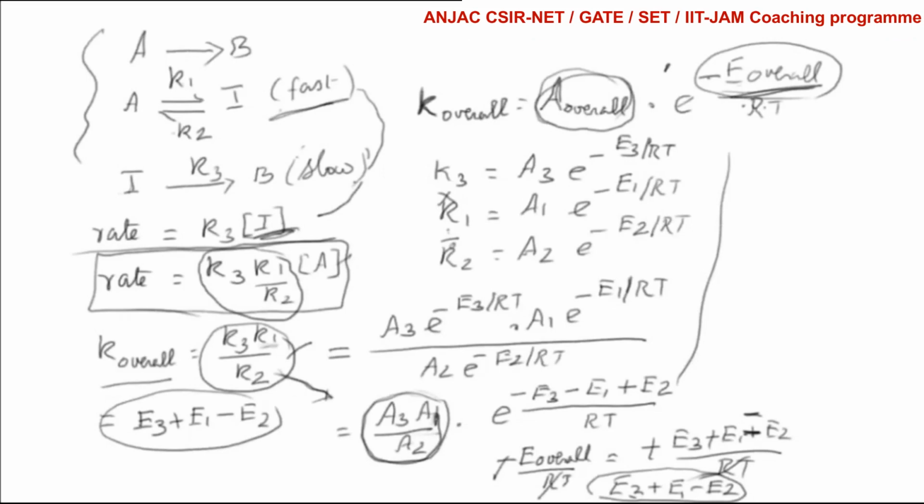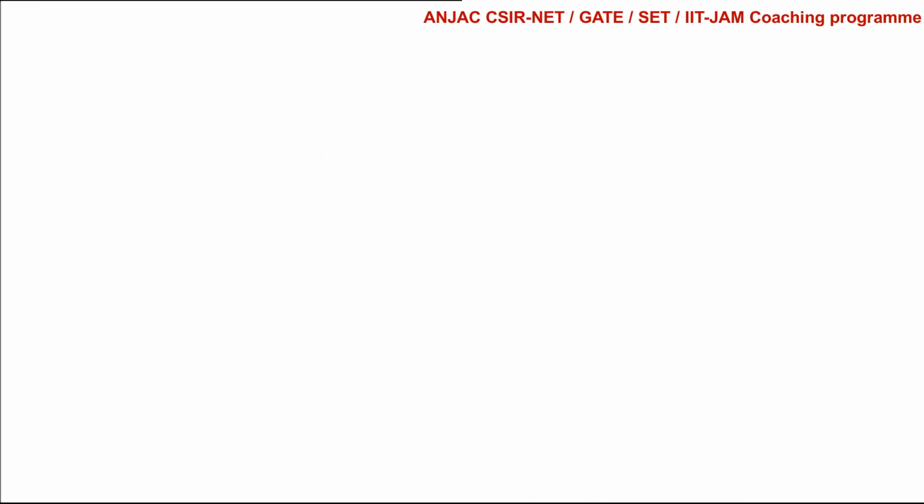If you understand this, I will give you one thing, and you should be able to give the energy of activation for the process. K overall is equal to K3, K1 square, K4 power 1 by 2, divided by K2 power 2 by 3. This is the overall rate constant, let us assume.